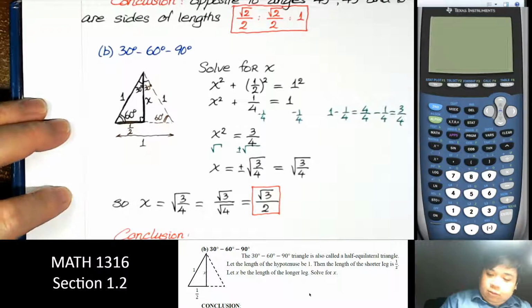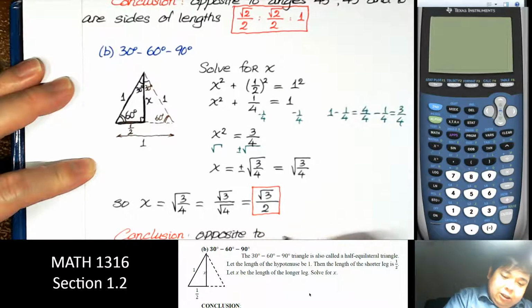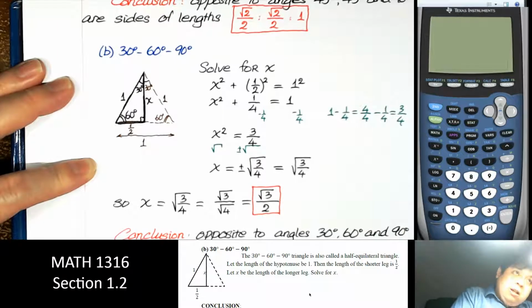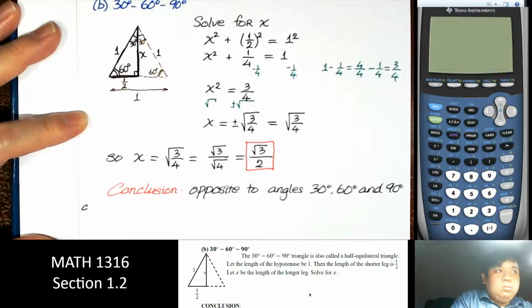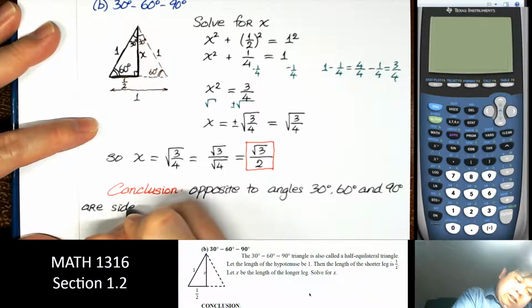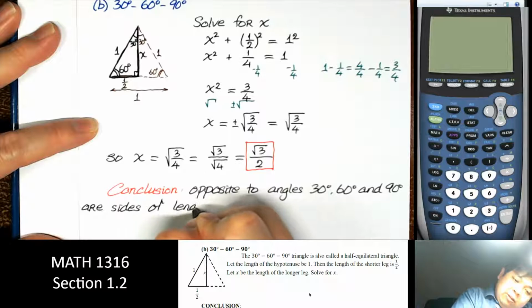The conclusion: opposite to the angles 30, 60, and 90 degrees are sides of lengths.